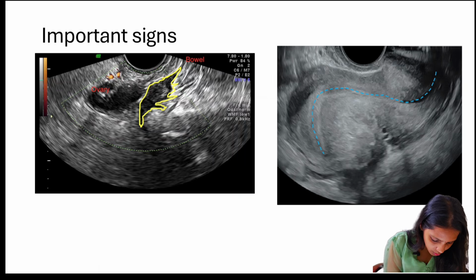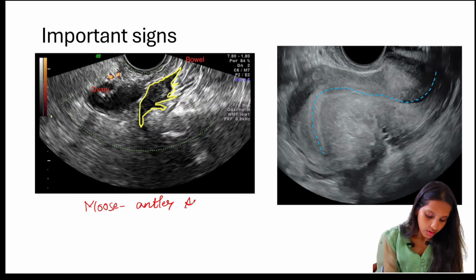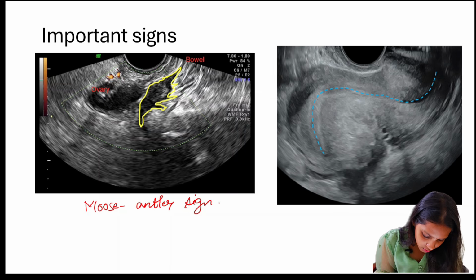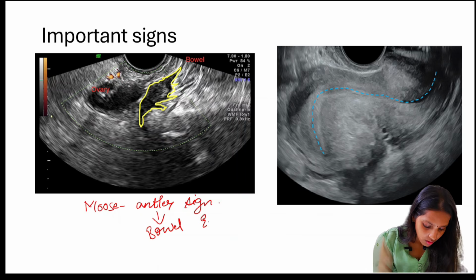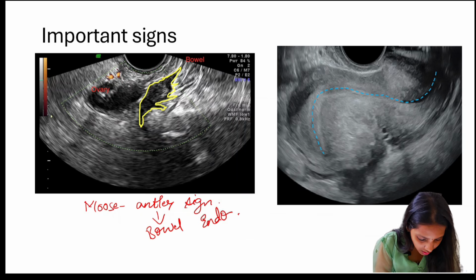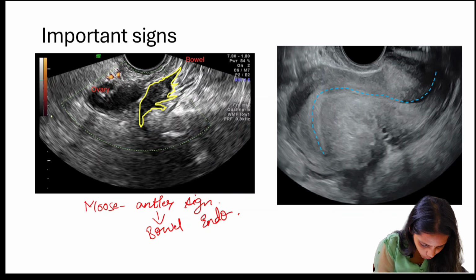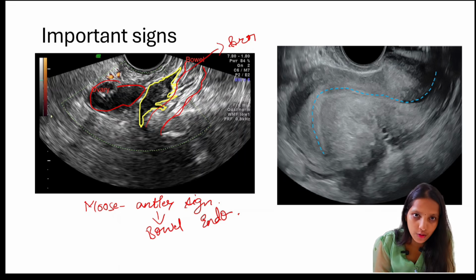The first is the Moose antler sign. The Moose antler sign is commonly found in bowel endometriosis. This is the ultrasound image. This is the ovary, and the hyperechogenic material here is the bowel serosal surface or the outer layer of the bowel.